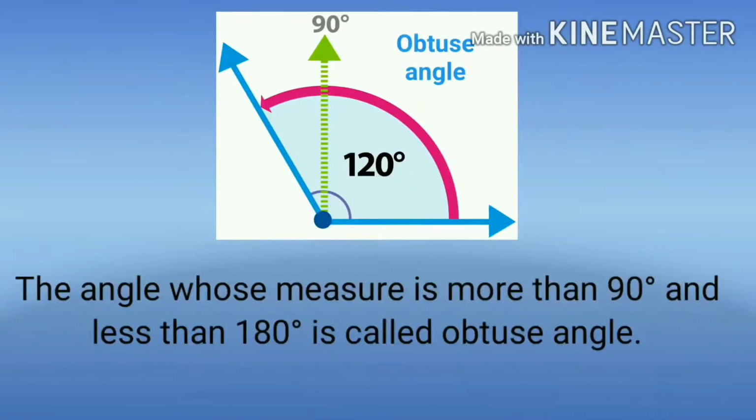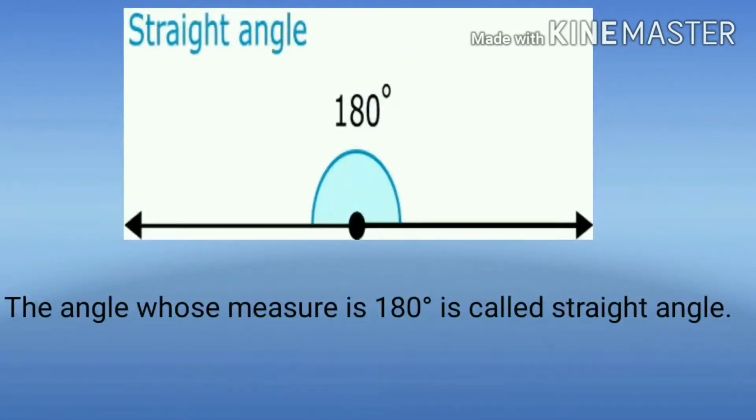Obtuse angle: the angle whose measure is more than 90 degree and less than 180 degree is called the obtuse angle.